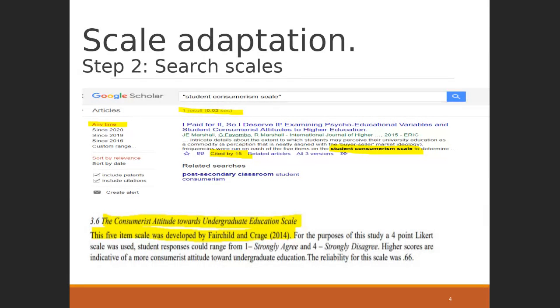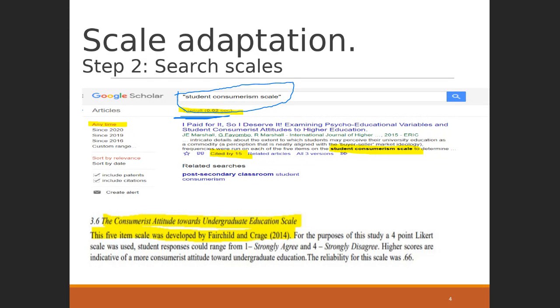For instance, when you type student consumerism scale in inverted commas on Google Scholar, only one result pops up.